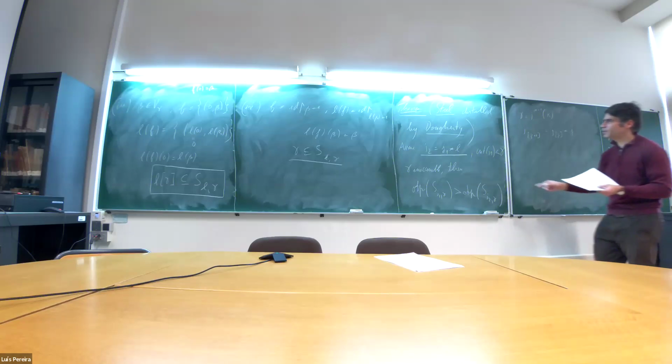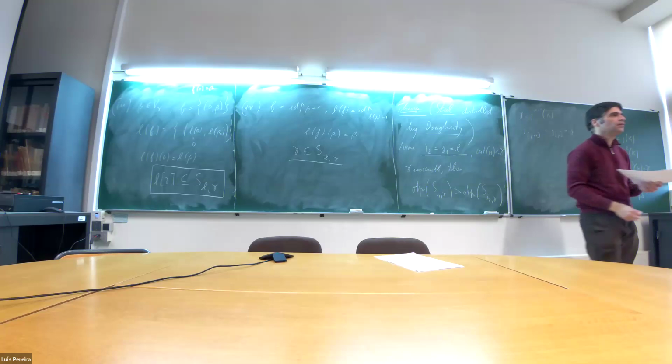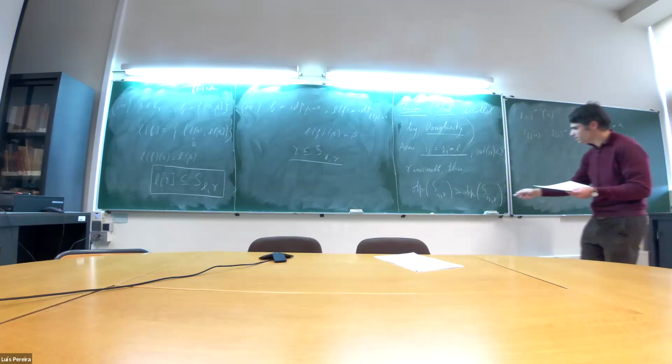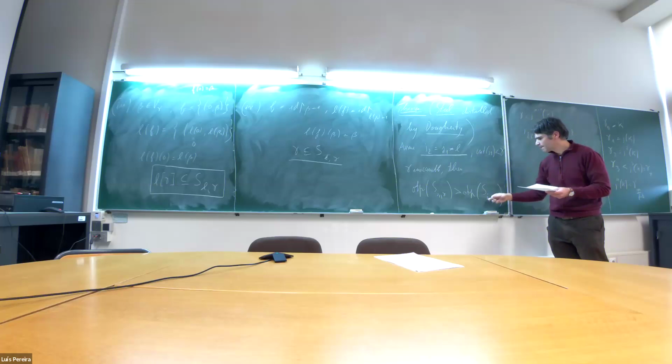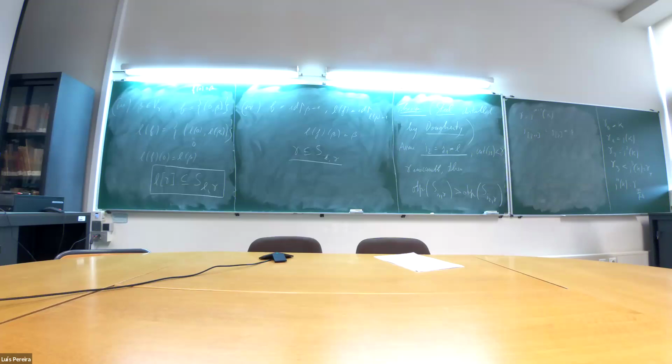If L is the identity, then this is all the identity, and J is also the identity. So it has to be non-trivial, because then this is just gamma.